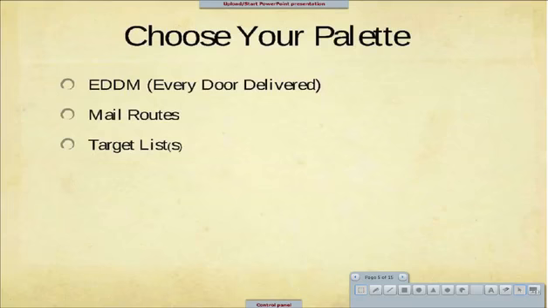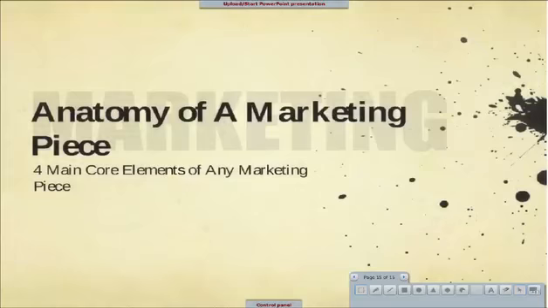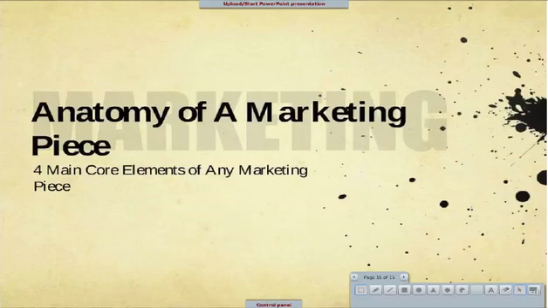Because we're coming up on almost an hour, I'm just going to touch on this last piece, which is the anatomy of a marketing piece. There are really 4 main core elements of any marketing piece. They've got to have these 4 things. If they don't, you're setting yourself up for failure.